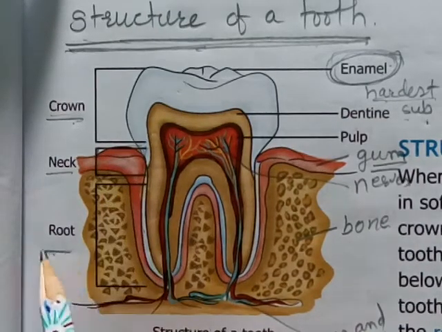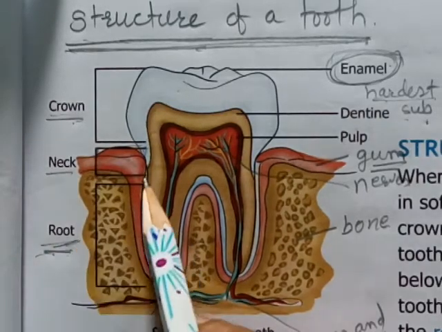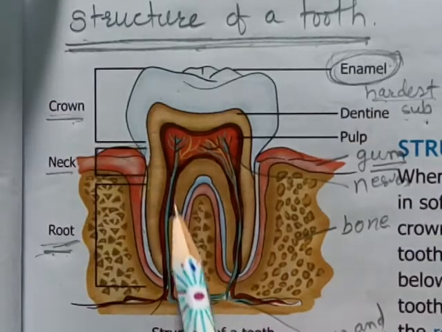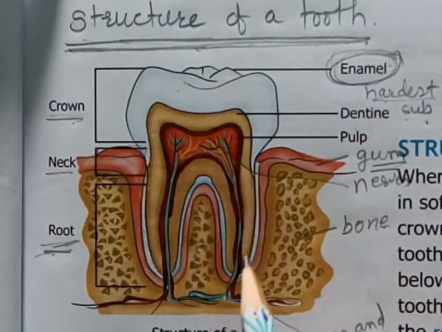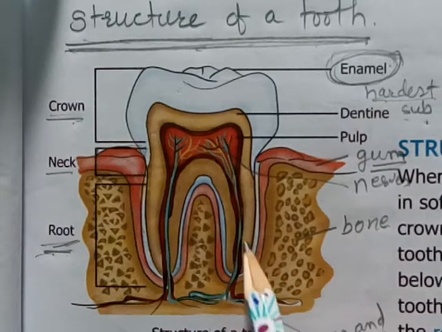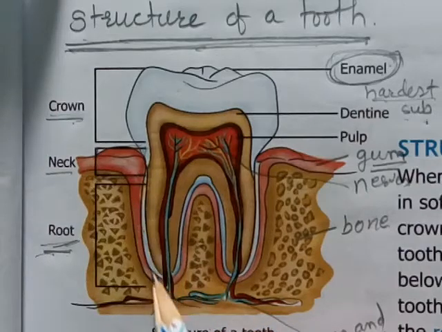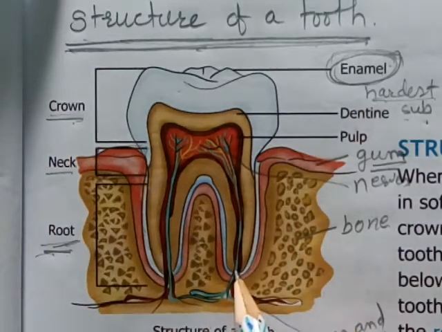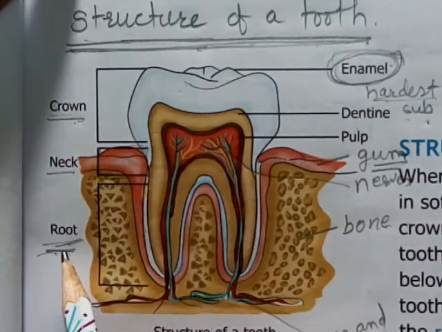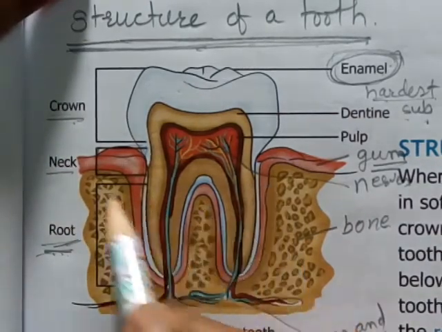Then what is root? Root is the part of the tooth that is inside the gums. That means it lies deep in the gum, fixed. This part of the tooth that we cannot see, it lies deep inside the gum, and it is known as the root. This root holds the tooth in the jaw.